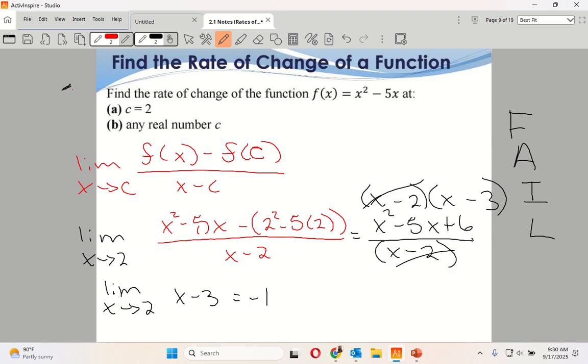So on a graph, you would tell me this is the slope of the line at, okay, so my coordinate on my line is going to be 2 and 2 comma something. And my m equals -1.